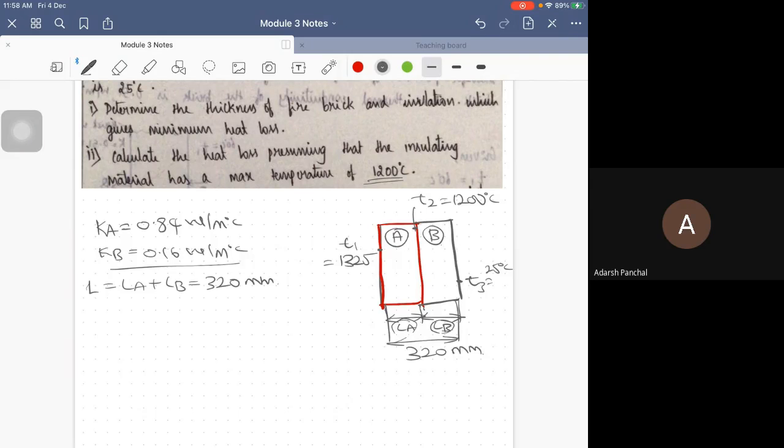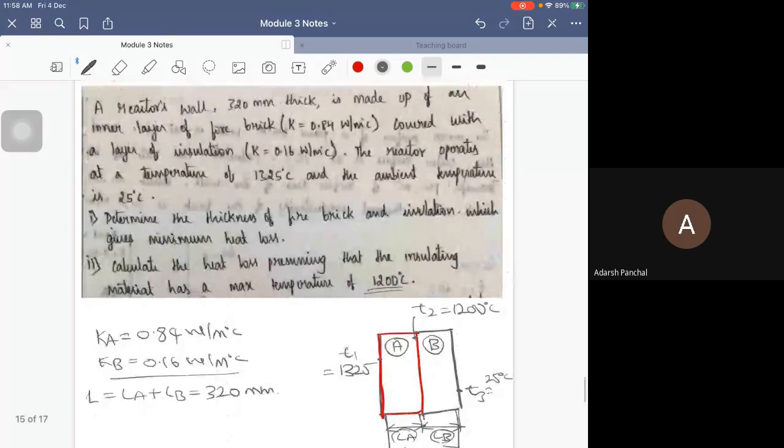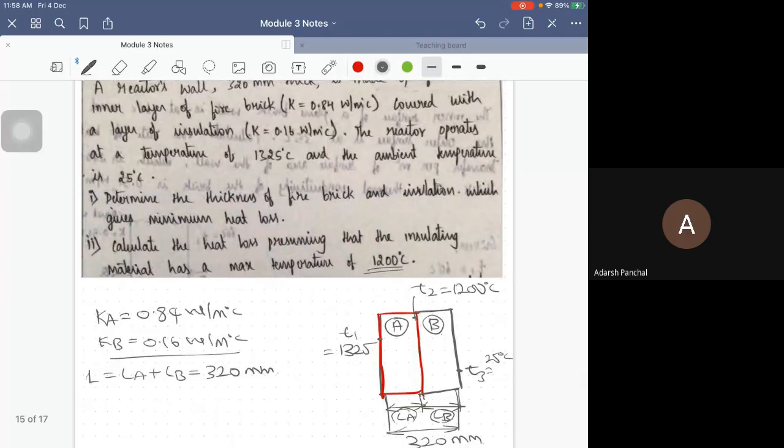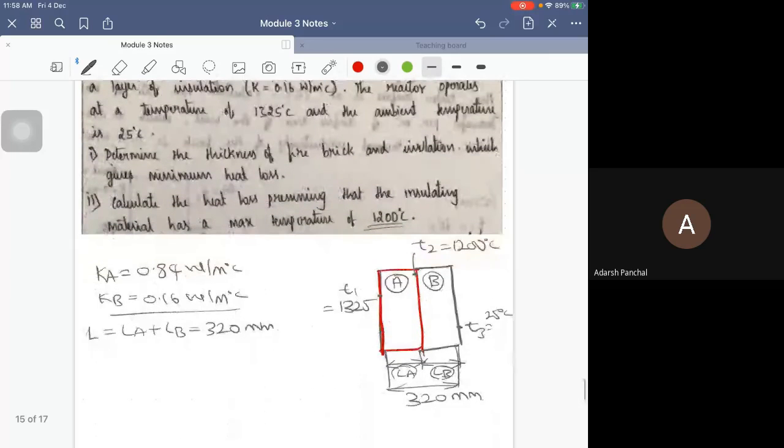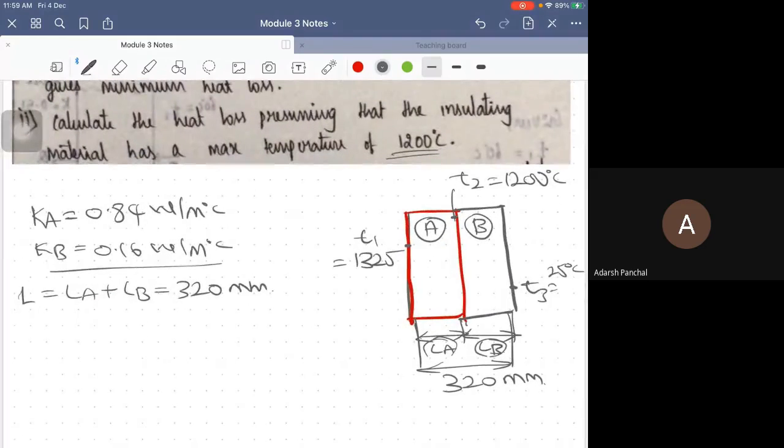So how to solve this problem now? Any idea?